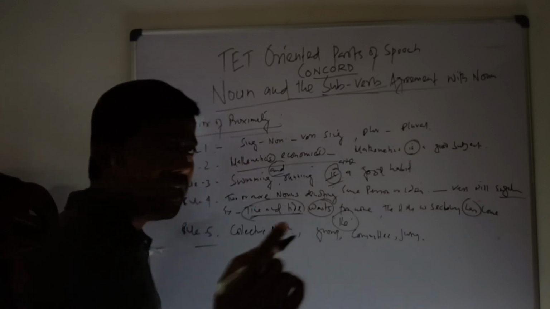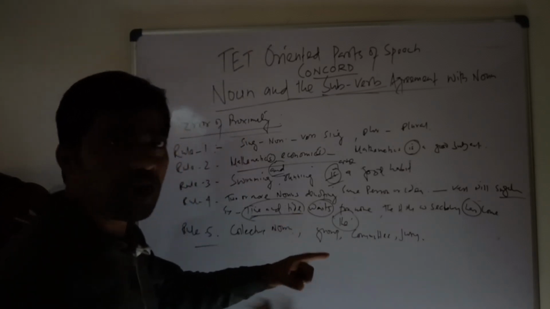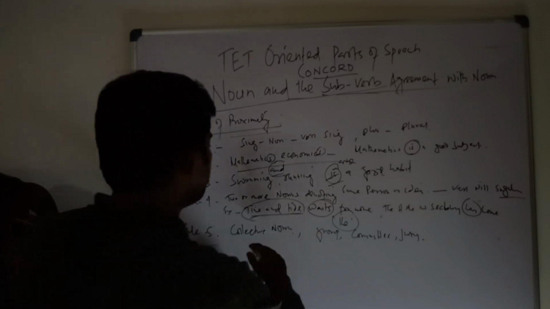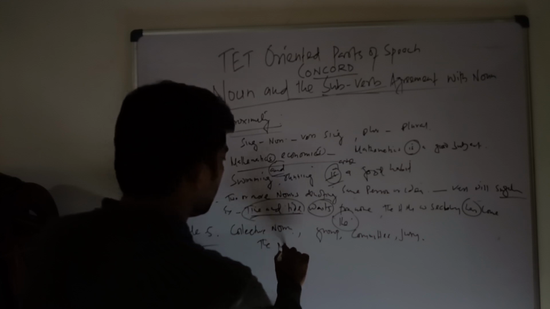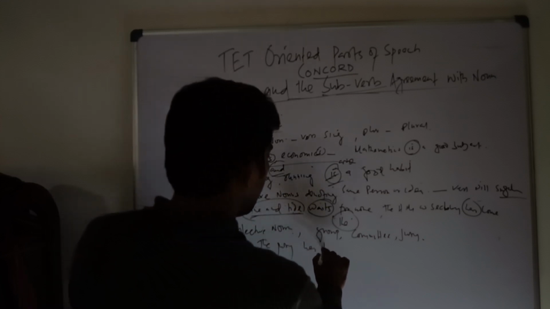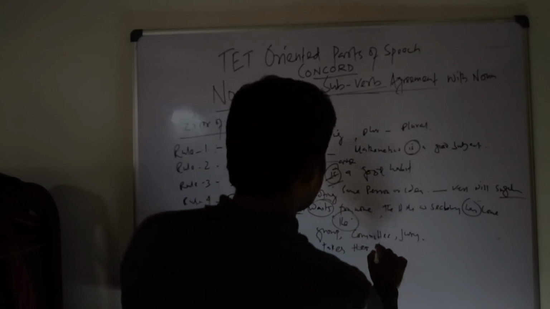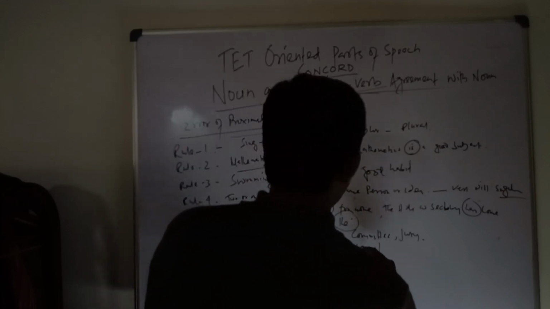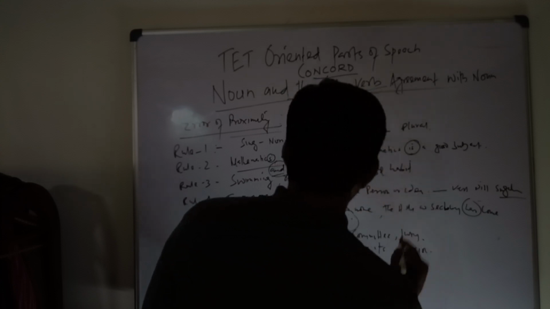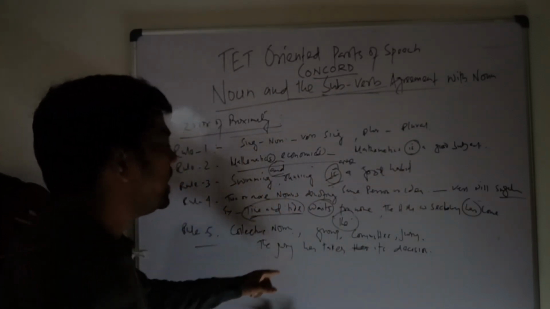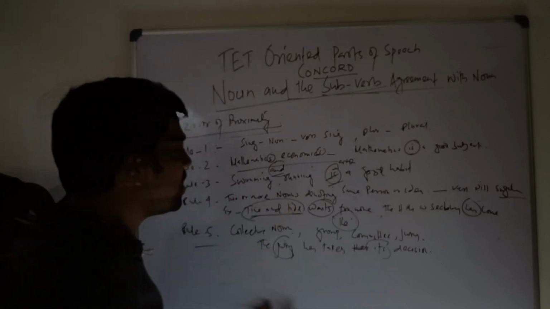If the sense is singular, then a singular verb will be taken. If the sense is a noun of multitude, then it is plural form. So collective noun: the jury has taken its decision. Here the jury is taken as a collective noun.